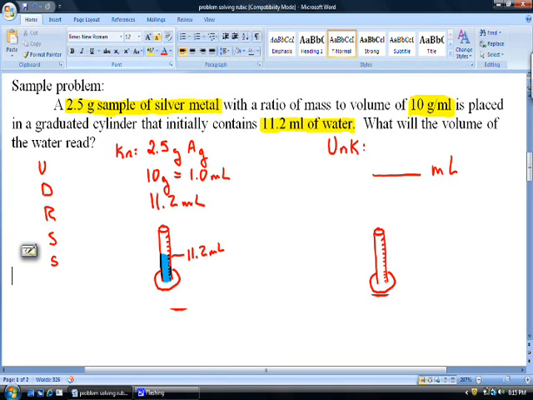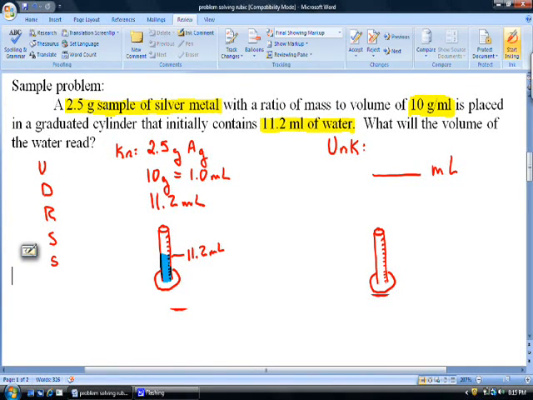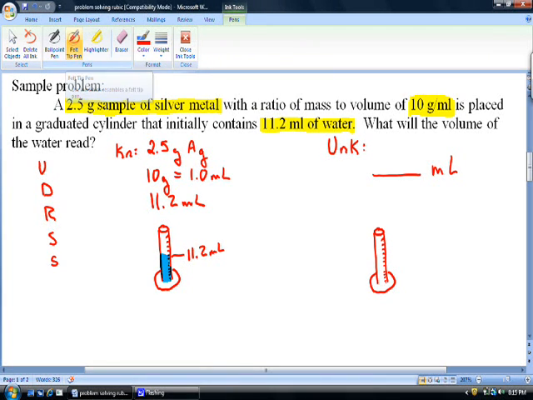And into this graduated cylinder, we are going to place some water, but we're also going to put in a piece of silver. And we want to know how much, when we add that piece of silver, the volume, of course, is going to increase. What will this new volume be?